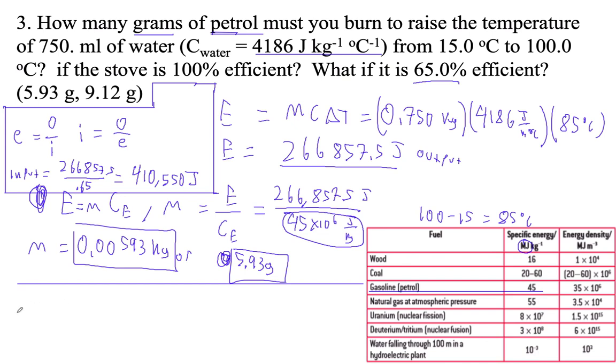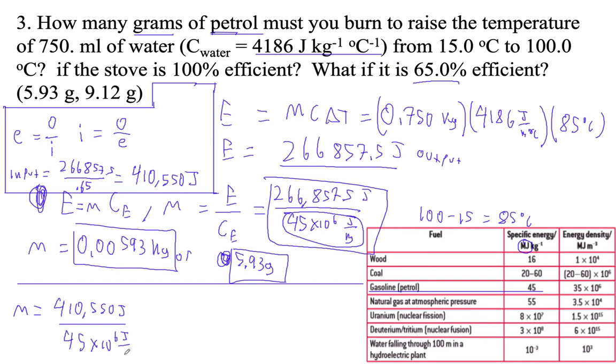Now we can figure out the mass that we'd have to burn if it's 65% efficient. The mass is going to be 410,550, the same exact calculation here, only with this new number, divided by 45 and that's joules per kilogram, which will end up being kilograms.